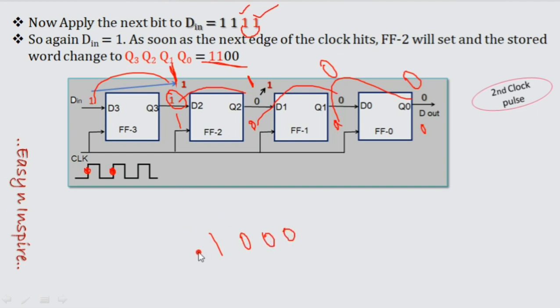After the second clock pulse, this input is applied to this one and it is coming here, and these two are zeros. So 1, 1, 0, 0 is my output.